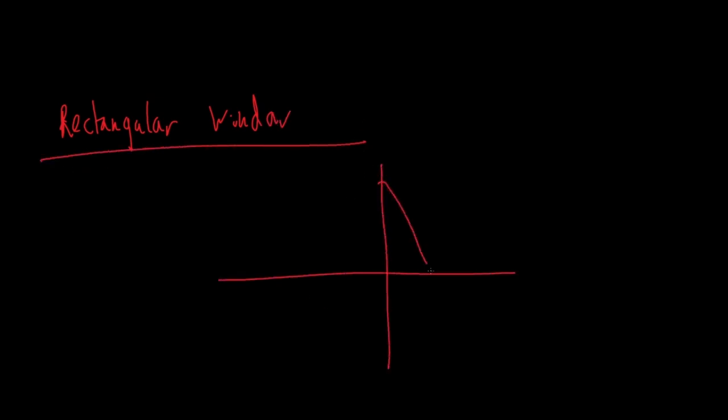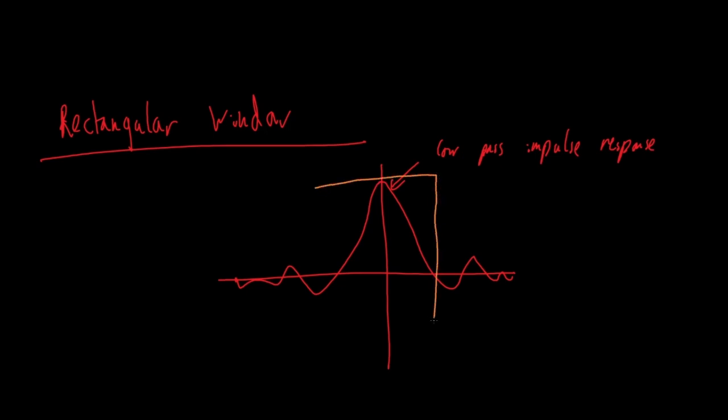Rectangular window function. So if you have your sinc wave or your low-pass impulse response, the rectangular window function simply multiplies everything inside by 1.